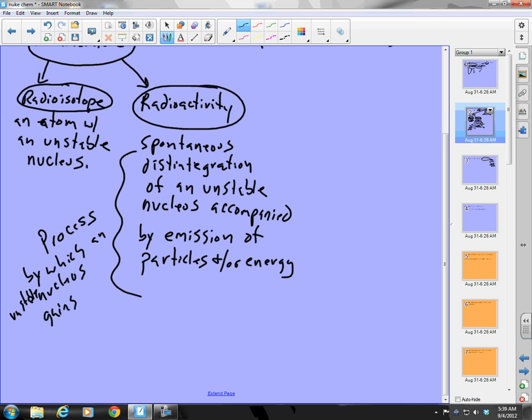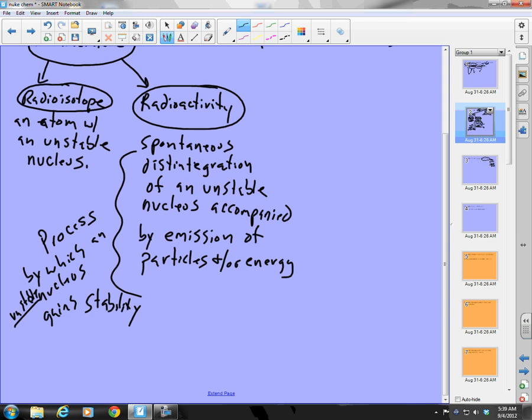Well, it's unstable, so it goes through a process, and what do we expect to happen after it goes through it? We feel that it should gain stability. Now, it doesn't mean it gains complete stability. A radioisotope might go through the process of radioactivity, gain some stability, and then later go through more radioactivity and gain additional stability.